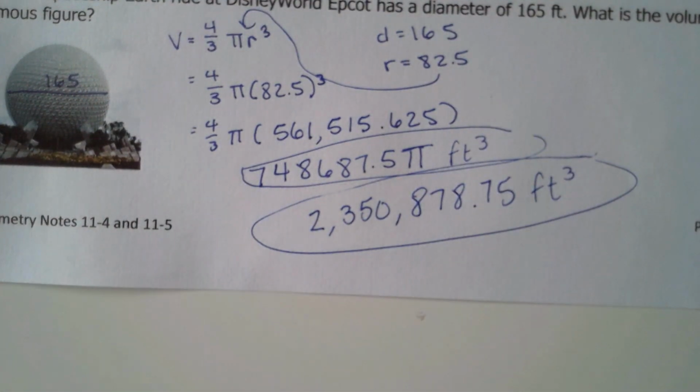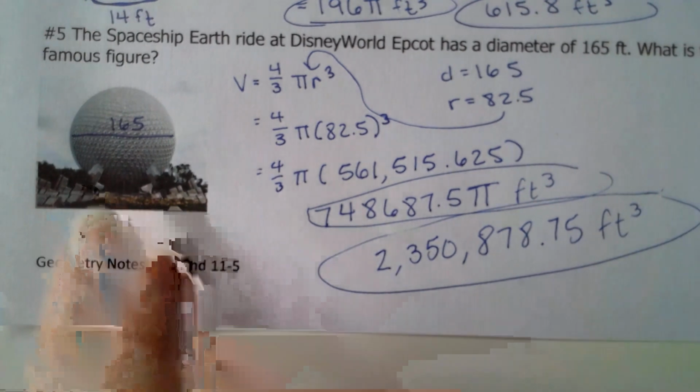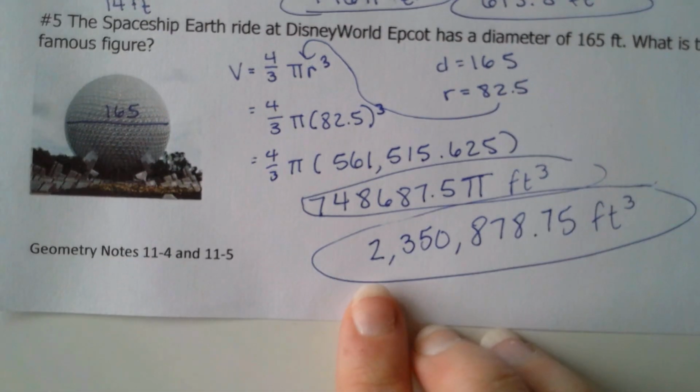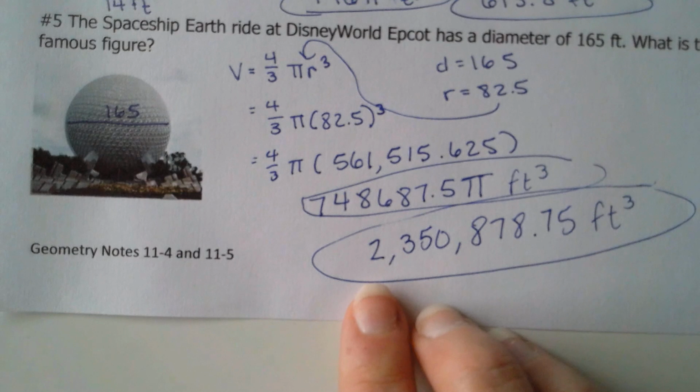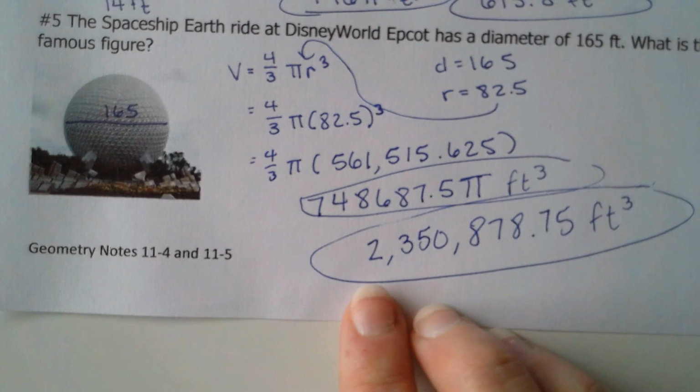If you have a box that is 1 foot high, 1 foot wide, 1 foot long, and you took a bunch of those boxes and threw them into the Epcot ball, it would take over 2.3 million of those boxes to fill up the Epcot Center.